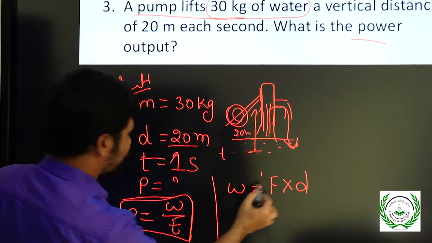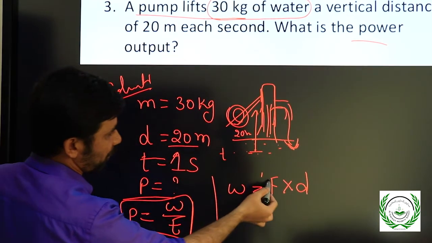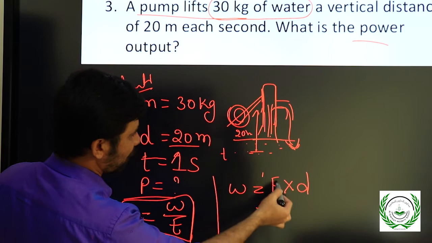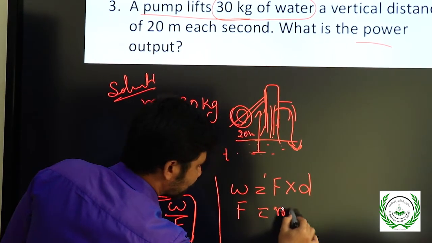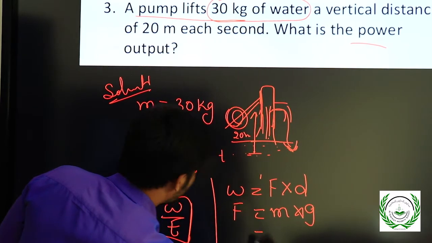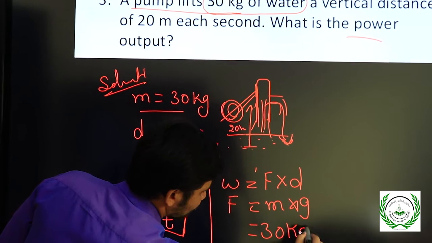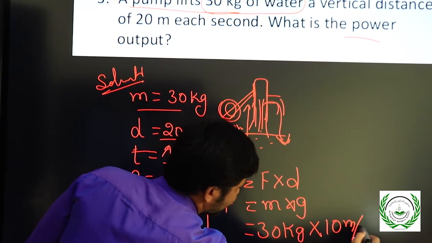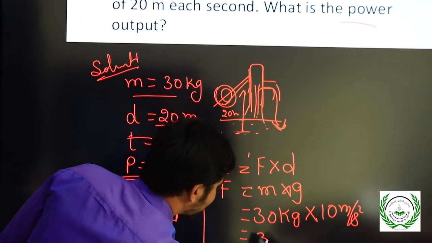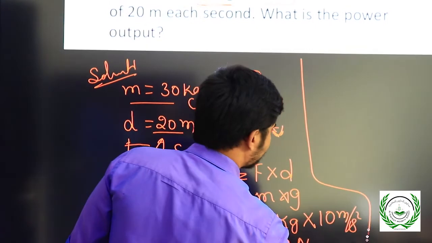We don't have W. So again, W is F times D. Again, in this formula, we don't know F. So F equals mass times gravity. We know the mass, 30 kg, and the gravity on the surface of the ground is 10 meters per square second. So how much will we get? 300 newtons. We got the force.